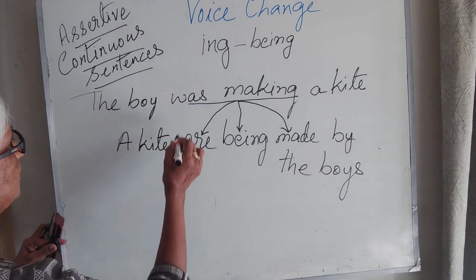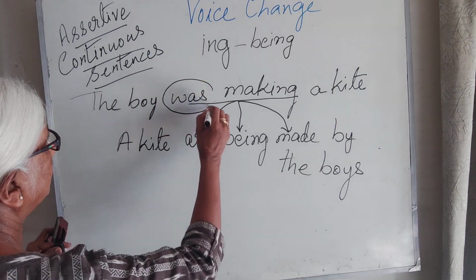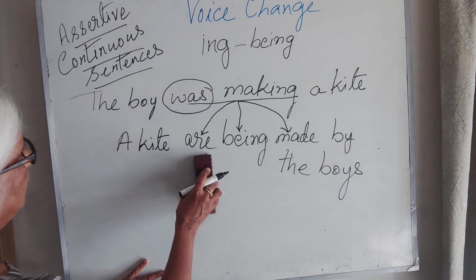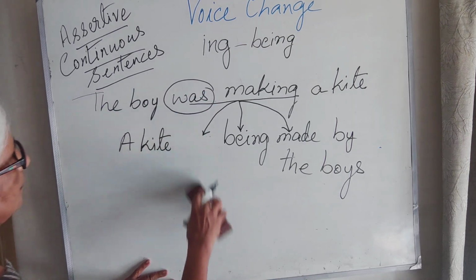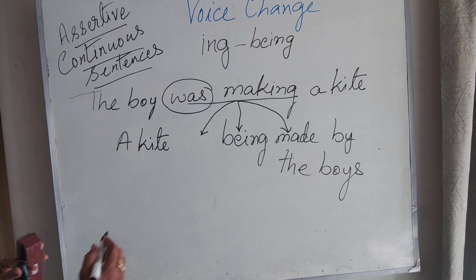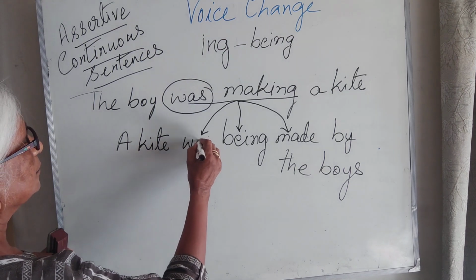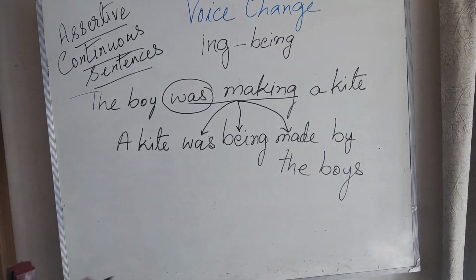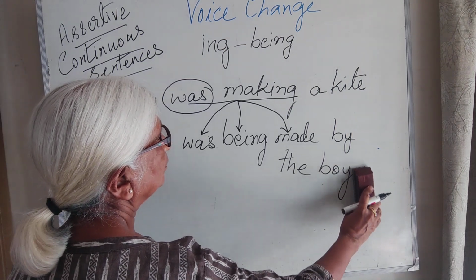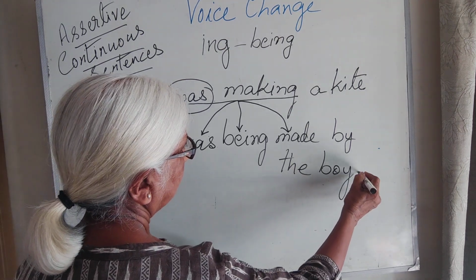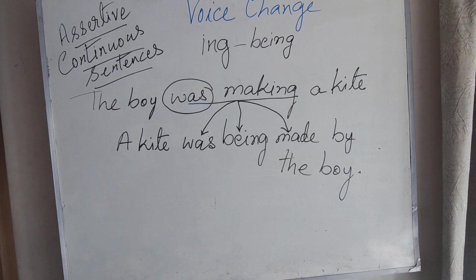Now since this is singular, we have to make it singular past tense. So a kite was being made by the boy. Okay, this is past continuous. See, the boy was indicates past tense, was making past continuous. So the boy was making a kite. A kite was being made by the boy.